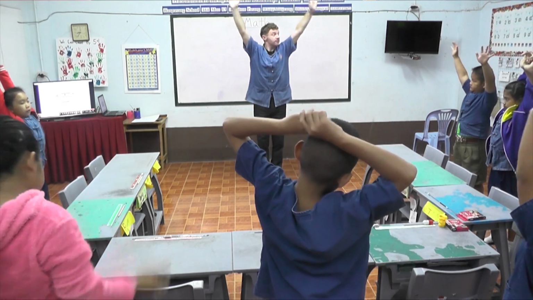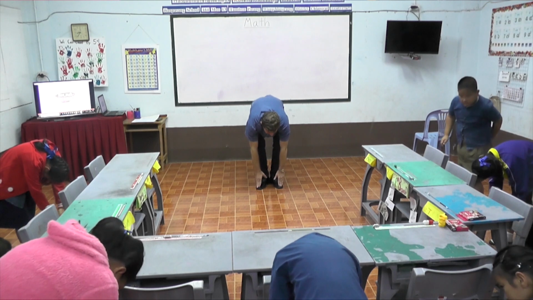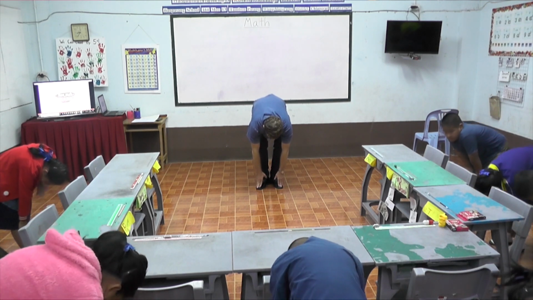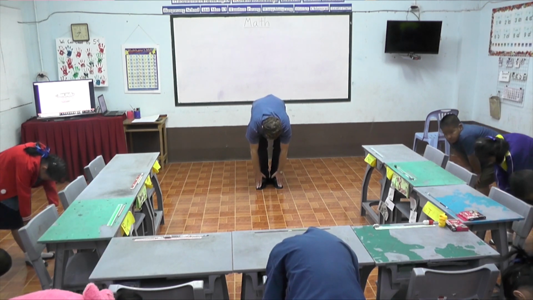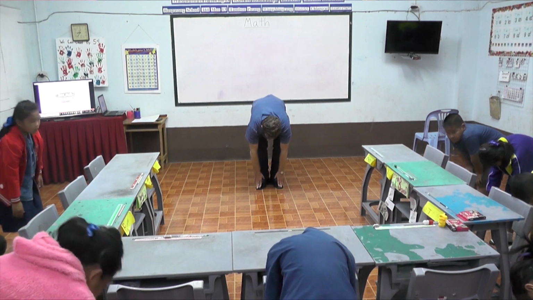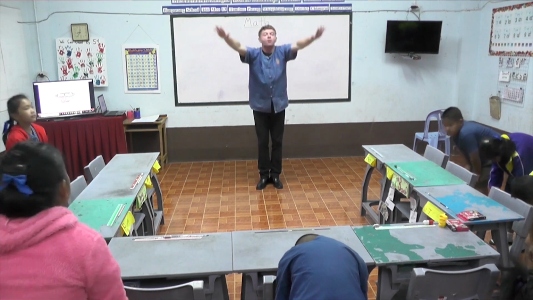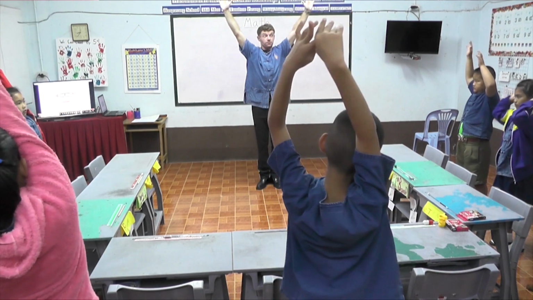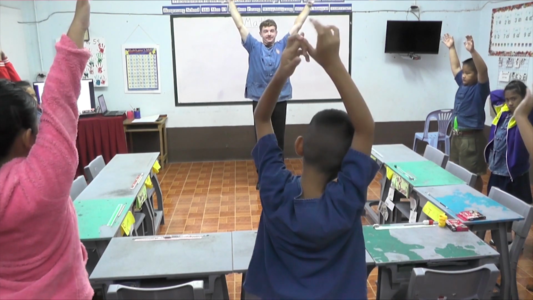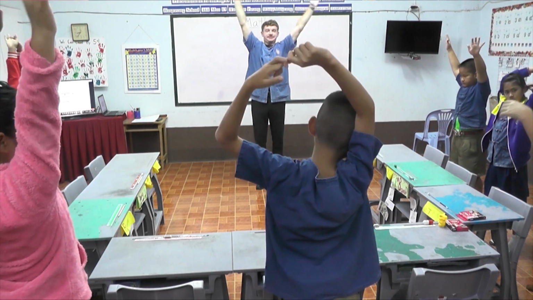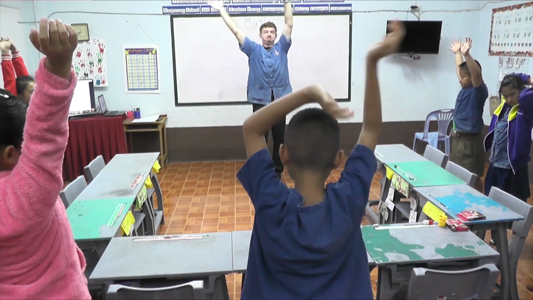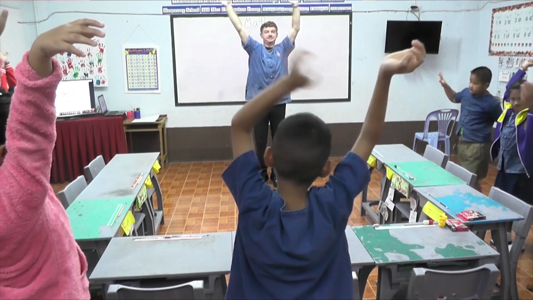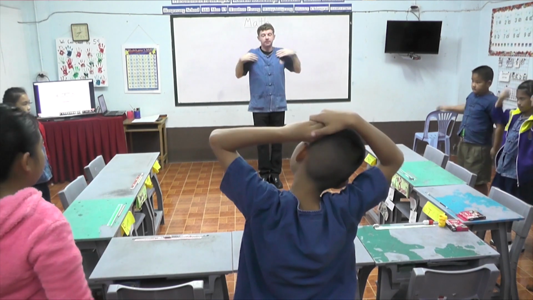And then let's go down low, touch our toes. And next we can go back up high. And this time, can we go tippy toe high? Do a little wave. And then back down. Let's give our arms a shake.